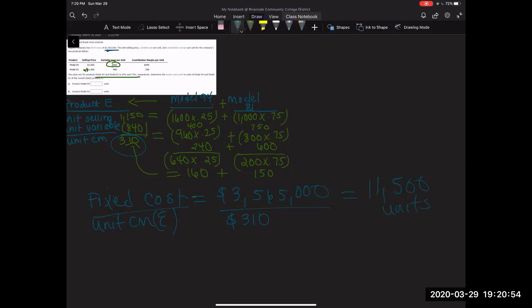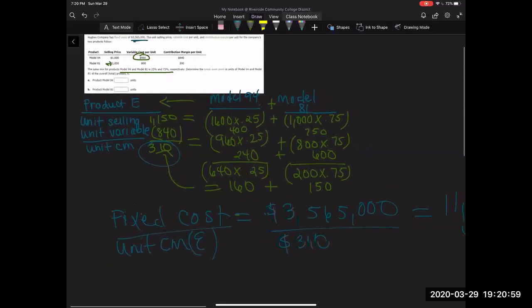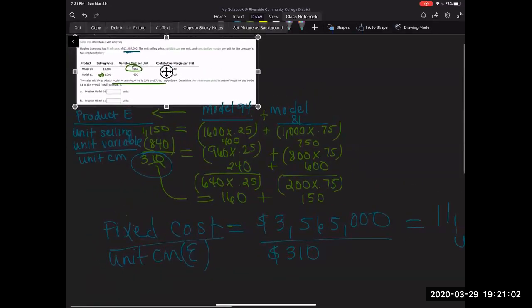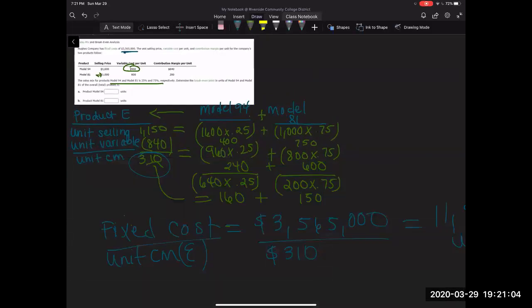Now we need to break down how that fits. How many units of break even are for model number 94, and what is the break even for model number 81? This is where our percentages come into play: 25% for model 94, and 75% for model number 81.